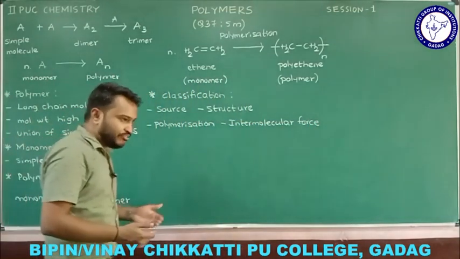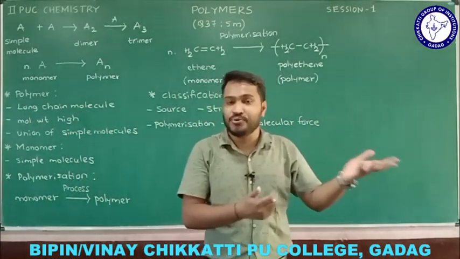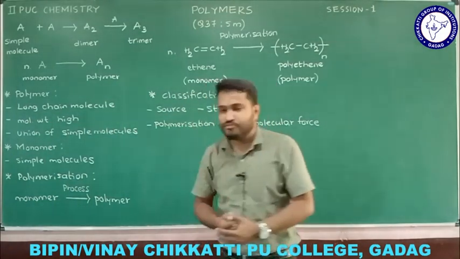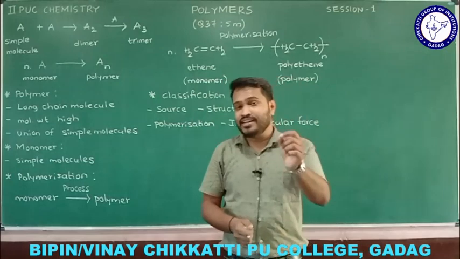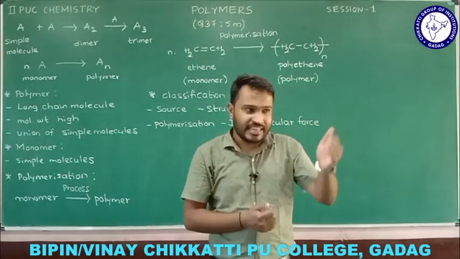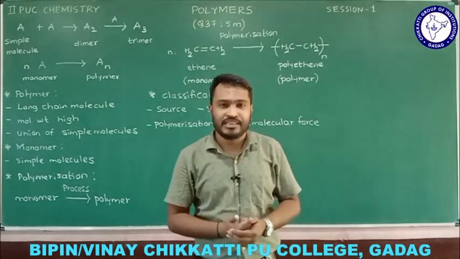So we are going to classify the polymers based on the source, availability, origin, from where we are going to get that one. That is the first type of classification. The second one is the structure, how polymers actually look, whether it is straight or branched or like that, and from that we are going to classify the polymers.